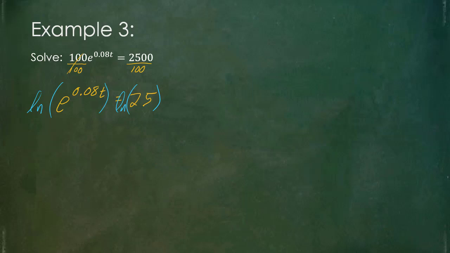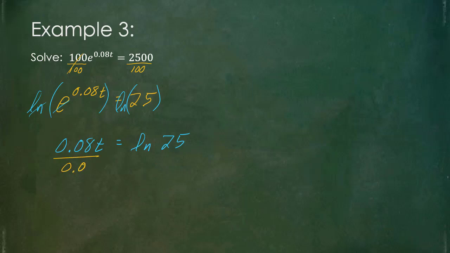So this one would then allow me to move that exponent out front, or we could think of, well, inverses should cancel each other out, leaving just what's in the exponent. Whereas on the right side, there isn't an e as the base, so it would just stay the natural log of 25.